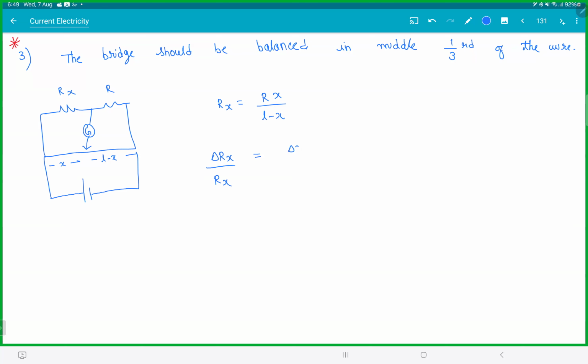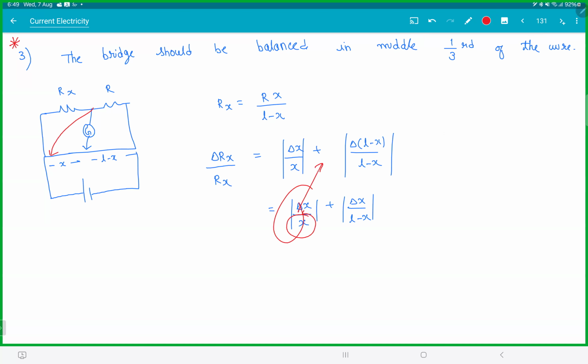We'll get error delta X by X plus delta L minus X by L minus X. Now look at this thing. Now see what happens. If you try to measure, if this thing is balanced pretty close to this, what will happen? X will become very small. So this value will blow off.